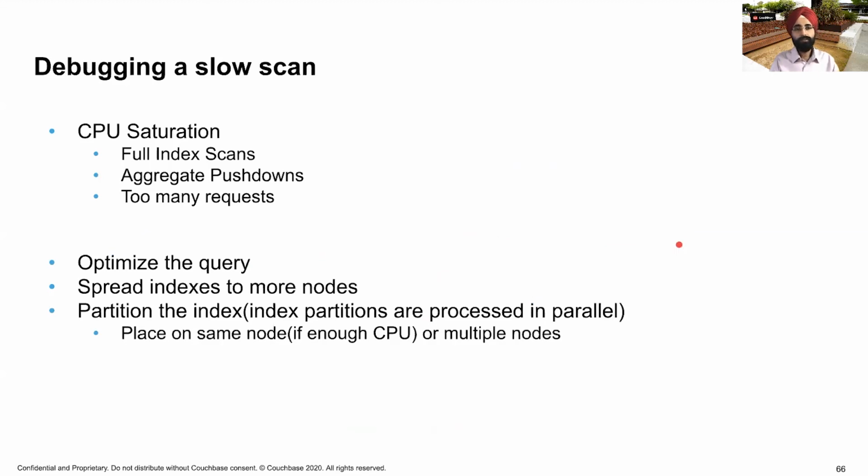Next, we'll look at how to debug a slow scan. There are multiple factors which can slow down a scan. The first one is CPU saturation. For example, a lot of full index scans, aggregate pushdowns, or too many requests can all lead to CPU saturation on the indexer side.